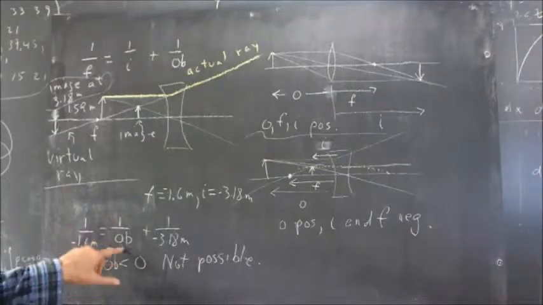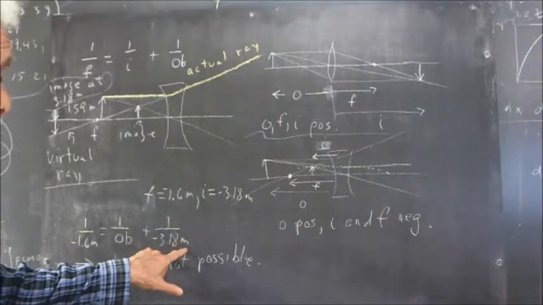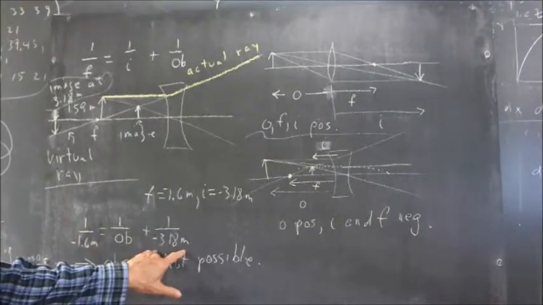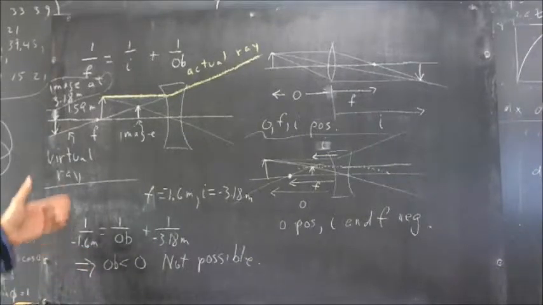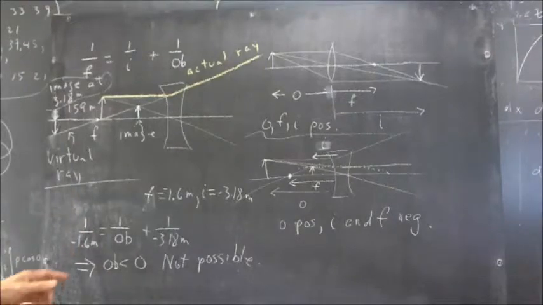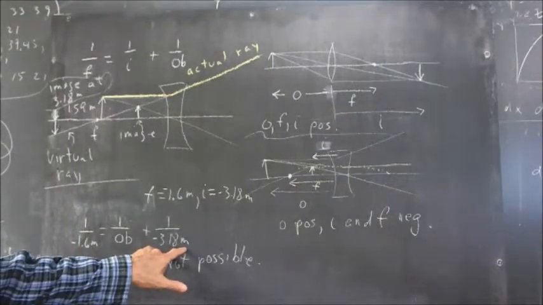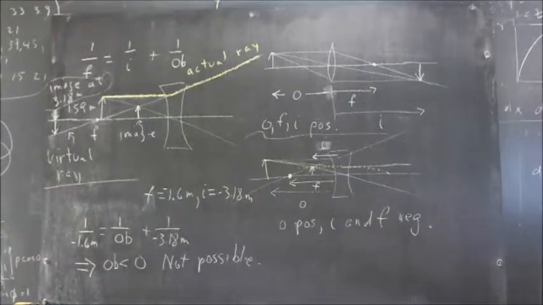This negative number is going to be smaller in magnitude than this negative number. So if we want to calculate the object distance, first thing we would do would be to add this quantity to both sides. This quantity being of smaller magnitude than this quantity, we get a smaller result over here, but still a negative result. Adding a smaller negative quantity to a bigger negative quantity, we still end up with a negative quantity.